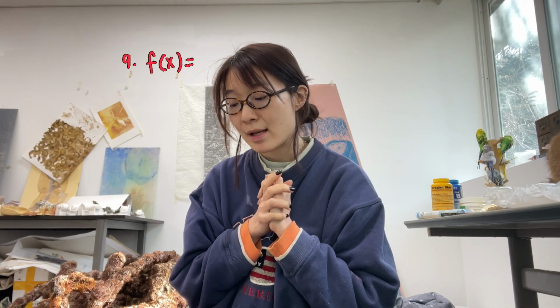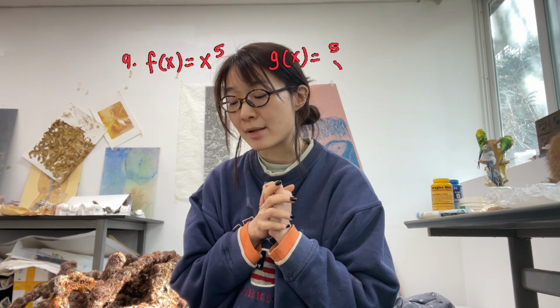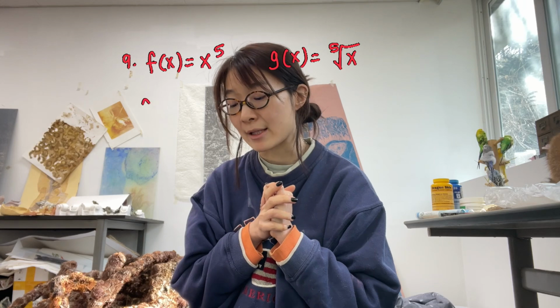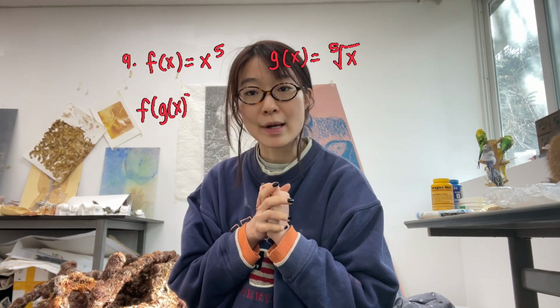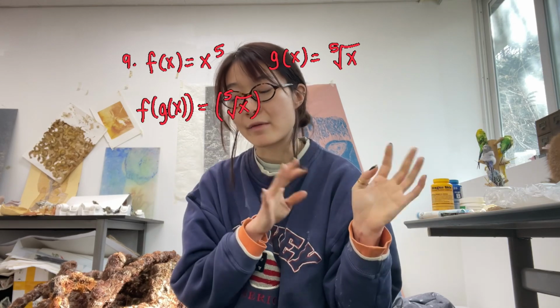Let's take a look at another example. We have f of x equals x raised to the power of 5, and g of x is the 5th root of x.